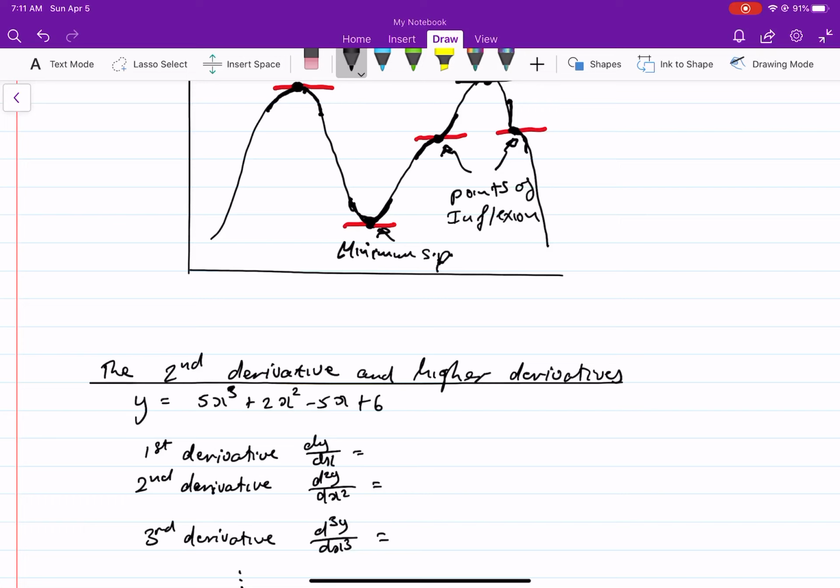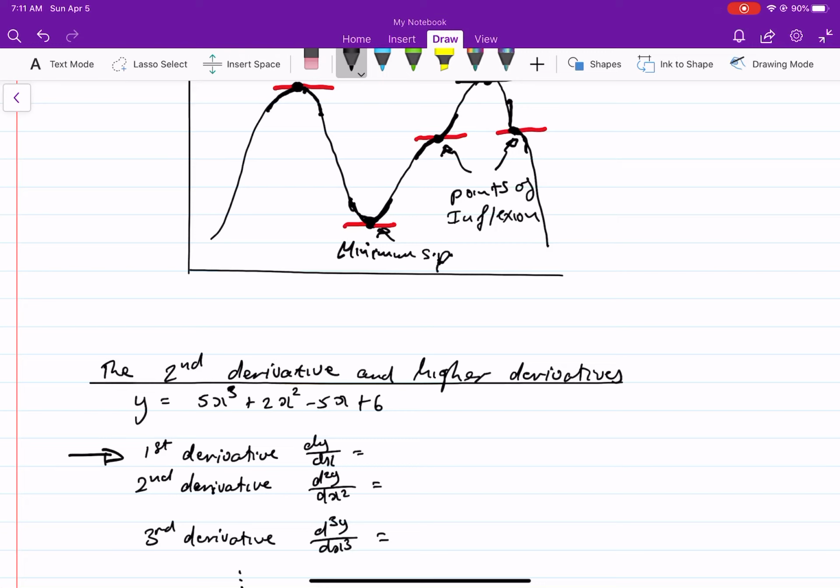Okay, the first test we're going to look at is referred to as the second derivative test. Let that soak in for a minute. Second derivative test. Now, so far when we were differentiating, all we've done with a function is to differentiate it once. That first time we differentiate, we refer to the result many different ways: dy dx, the gradient function.